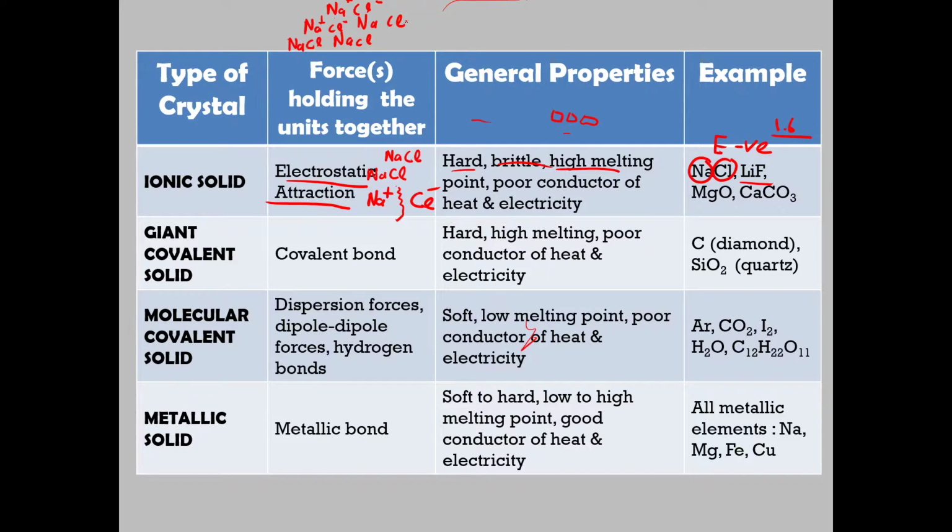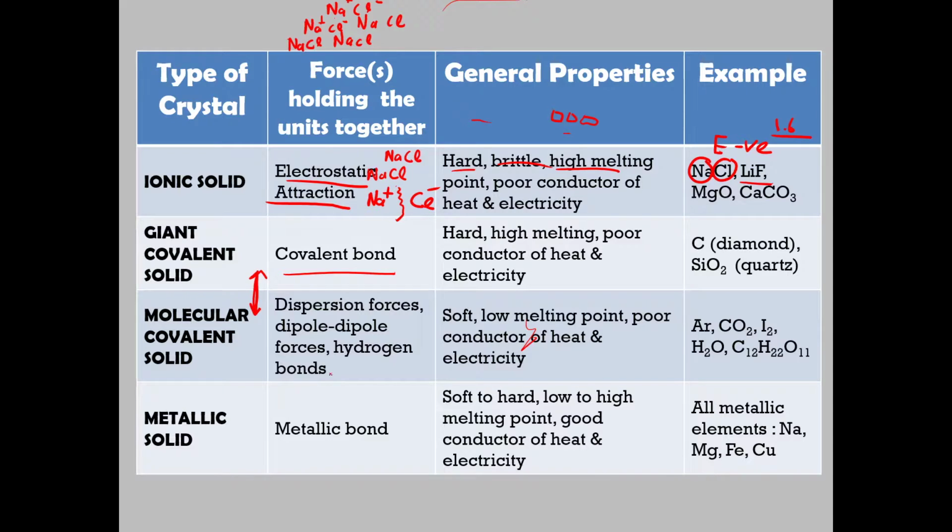Okay. And then we have giant covalent bond and molecular covalent bond. The difference between these two is covalent bond, which is a bit polar sikit, which is we have covalent bond macam normal lah, carbon semua tu.